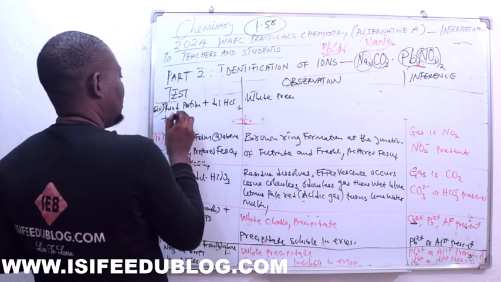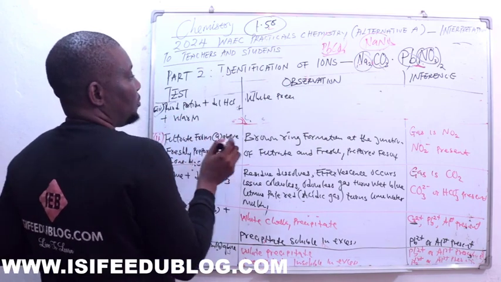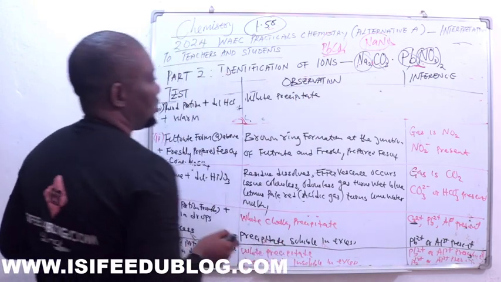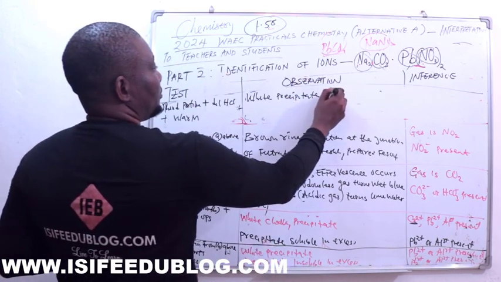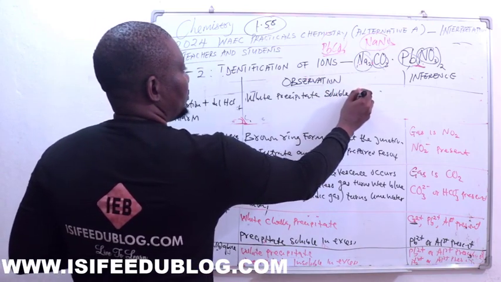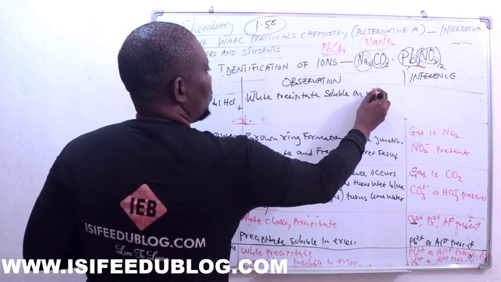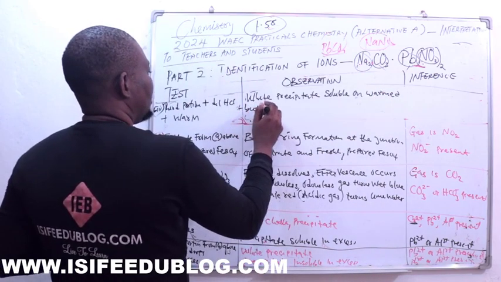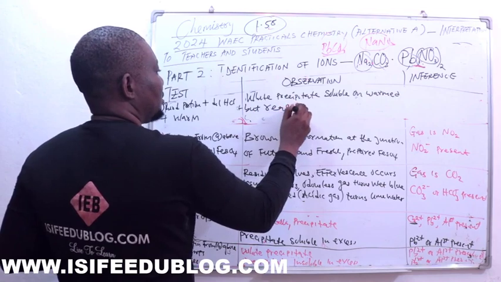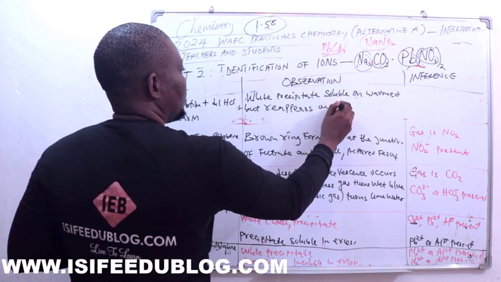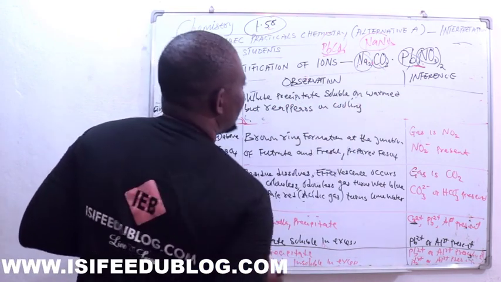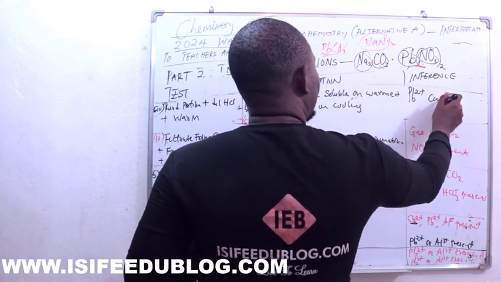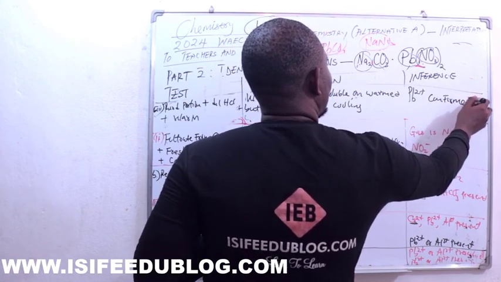The white precipitate is soluble on heating but reappears on cooling. Pb2+ is confirmed.